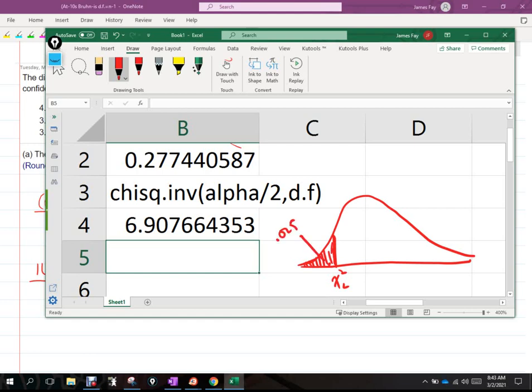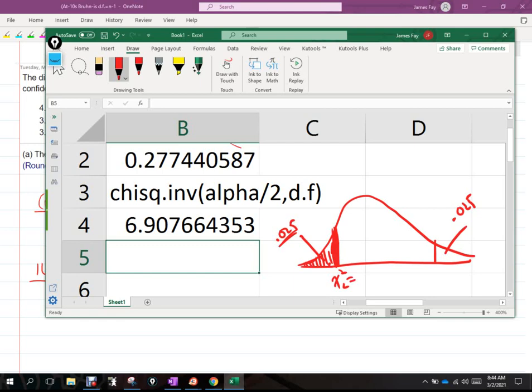That's half of alpha. And the chi-squared value that breaks that area off there, and then we'll have another area over here, 0.025. So it creates this 95% area here in the middle. That value right there is the 6.907 number. Is that okay with everybody?